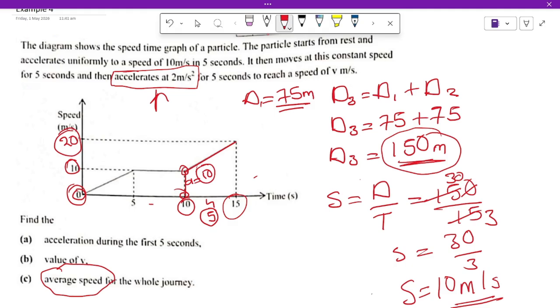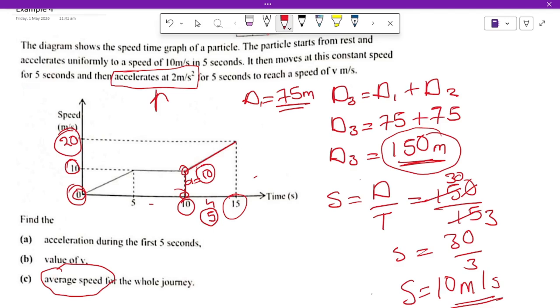Make sure you master that formula, and whenever you're calculating distance, pay attention to the question and be able to collect the correct values. There are times they are going to hide values. For example, they asked us to find a v here. In the previous question, they asked us to find a t. In the questions I'll give you, they also ask you to find other values.